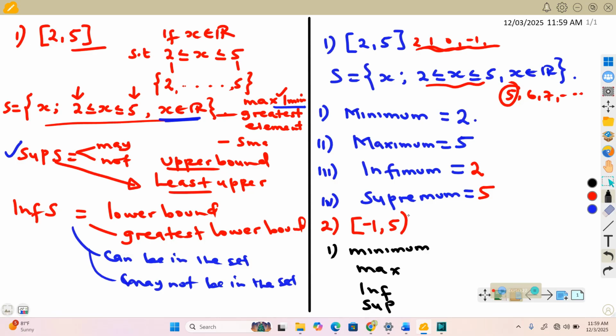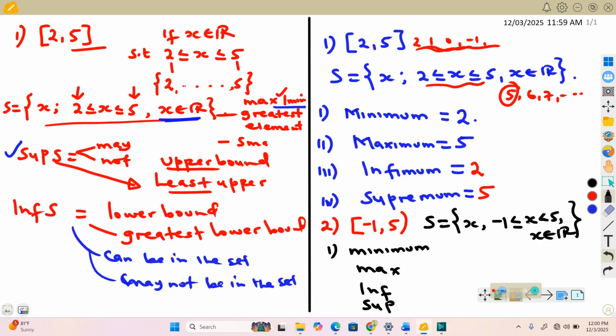So basically, this set is such that you have x for which -1 is less than or equal to x, and x is less than 5, where x is a real number. So this is your set. You can write this as an interval in this form.